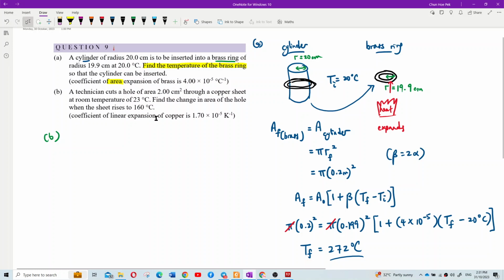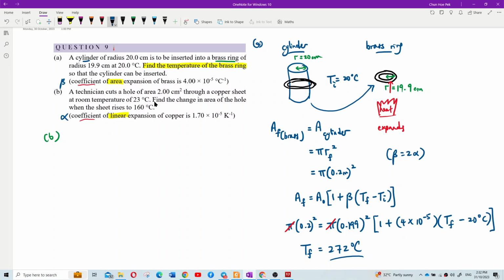The coefficient of linear expansion of copper is 1.7. You see that, class? All this coefficient: if it's area, it's beta; if it's linear, like this one, linear is what?